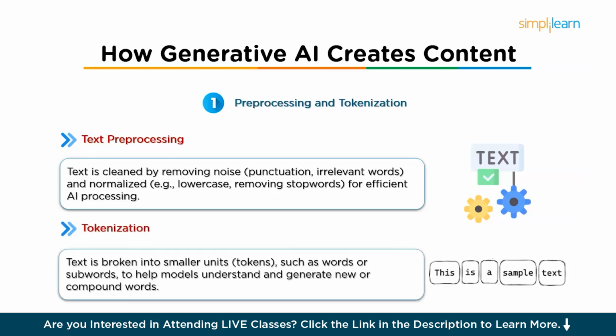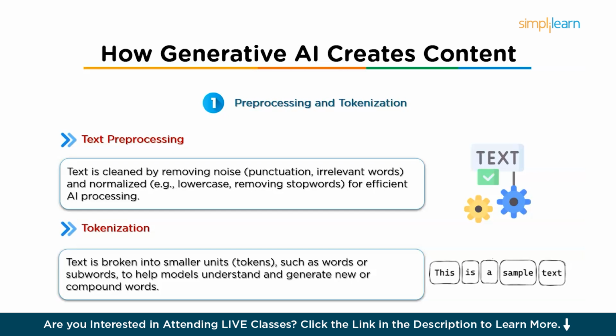And then comes tokenization. Tokenization is a process of converting text into smaller units called tokens. Tokens can be words, subwords, or even characters. For example, the sentence "AI models learn and generate text" might be tokenized into words, with AI, models, learn as separate tokens.